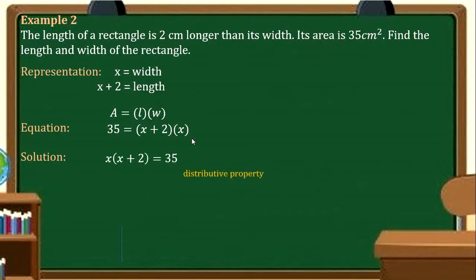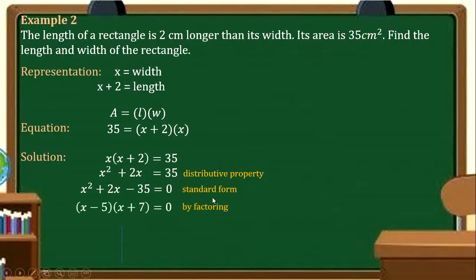Okay, for the solution, we have x times x, so we have x squared, plus x times 2, so we have 2x equals 35. And then, for its standard form, we have x squared plus 2x minus 35 equals 0.